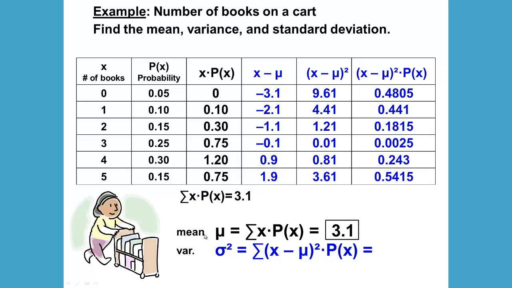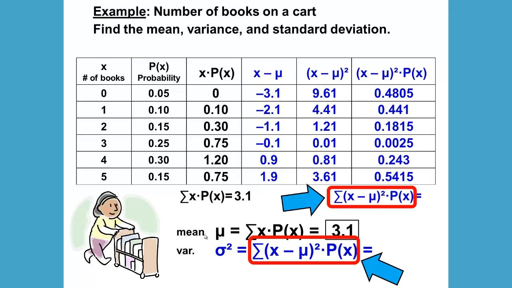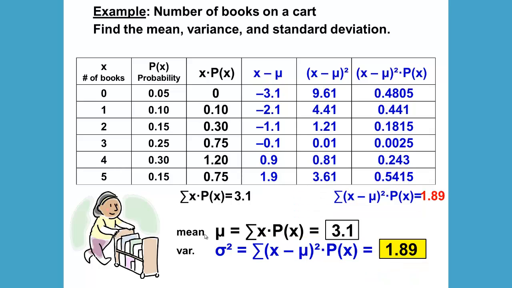The fourth step is that capital sigma, which tells us to sum up those values in that last column. When we sum up that last column, we get 1.89, and that is our variance.